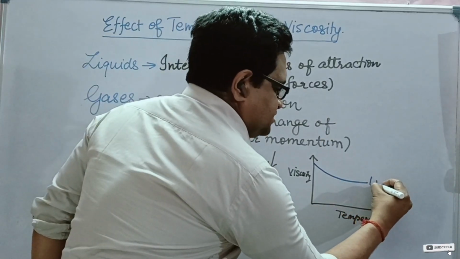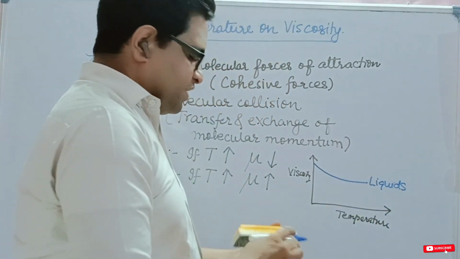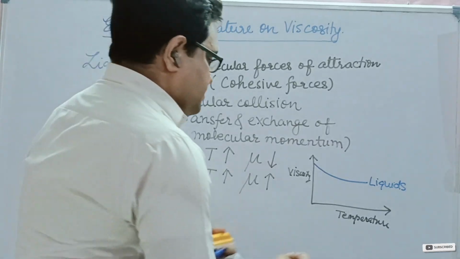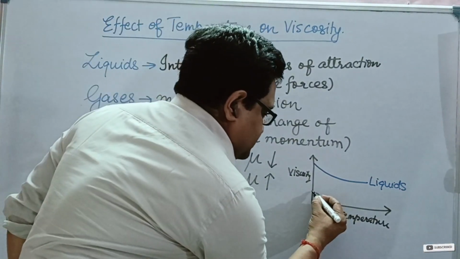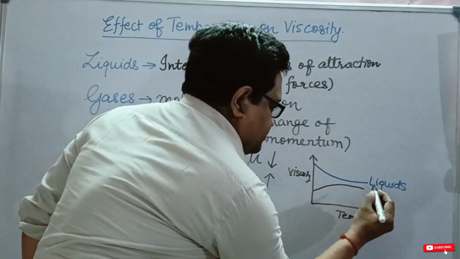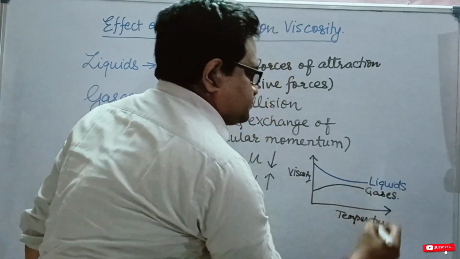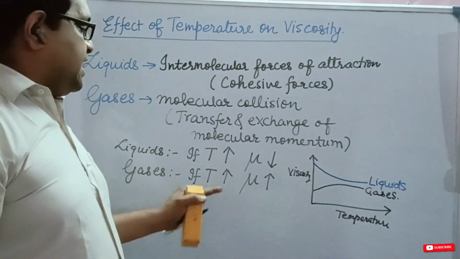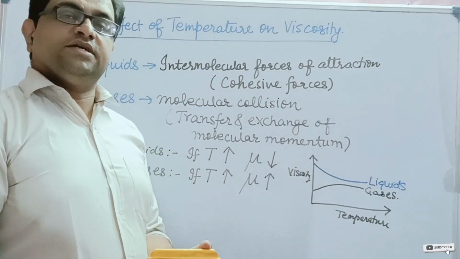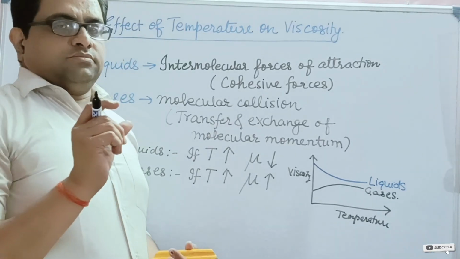This is for liquids. And for gases, we have the graph. This is for gases. So in case of liquids, the viscosity gets decreased, and in case of gases, the viscosity gets increased. Let us try to note down some values.